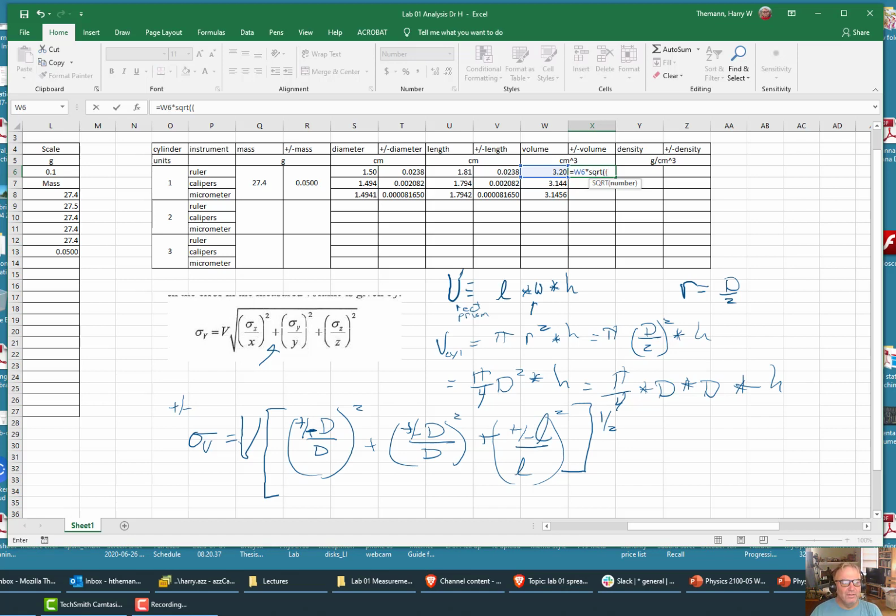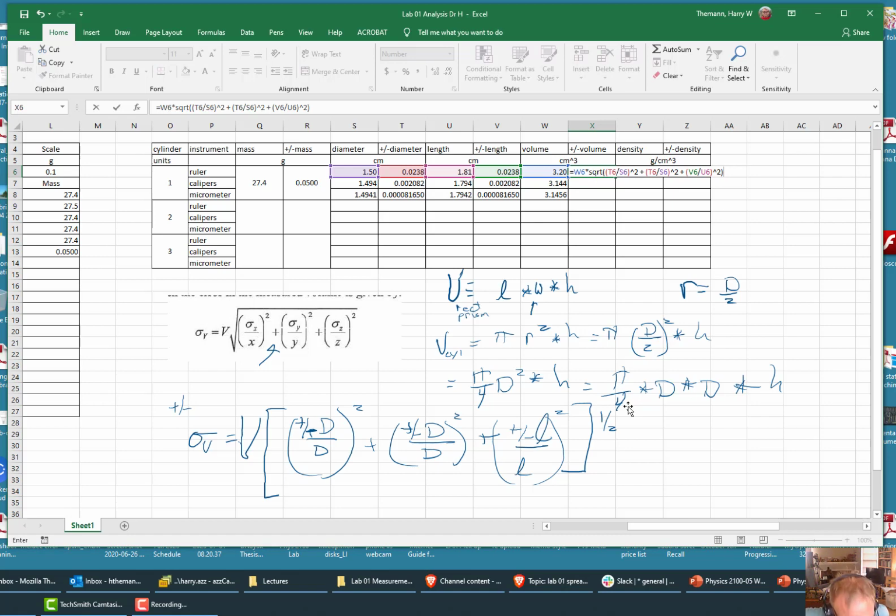So we do another open parentheses, and that's going to be the plus minus d divided by d, and then we use this caret symbol, that's shift 6, squared, plus open parentheses, and this time the same thing, plus minus d divided by d, close it, square it, and now we need the last term, that is the plus minus length divided by the length, and now we square that, and we close the parentheses on the square root function.